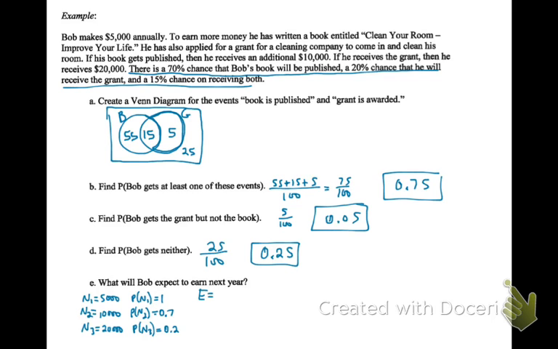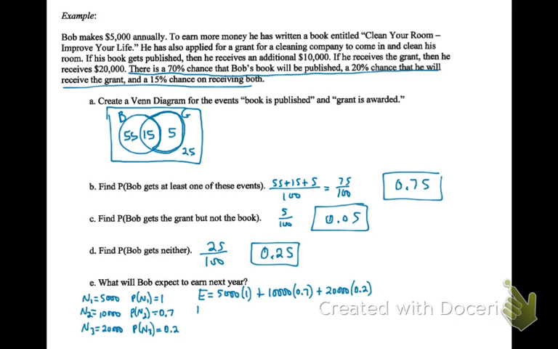We can use this information to calculate the expected value. The expected value is $5,000 times 1, the amount times the probability, added to $10,000 times 0.7, added to $20,000 times 0.2.